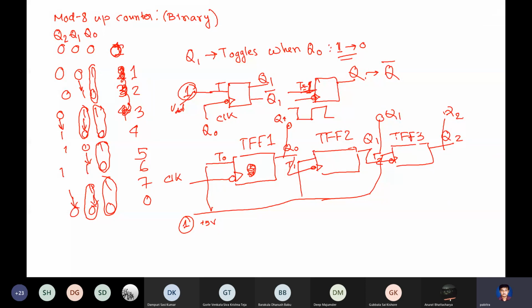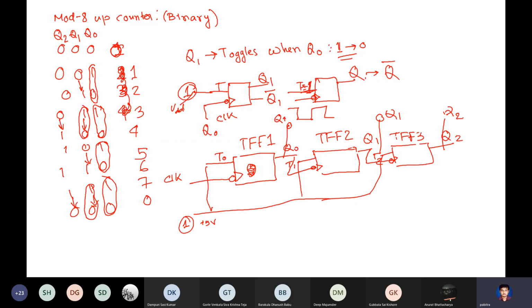Okay, got it. So whenever Q0 goes down, Q1 makes a toggle. Whenever Q1 goes down, because it's a clock for Q2, Q2 toggles. So for the first flip-flop T0, the TFF1, the clock is the normal clock.